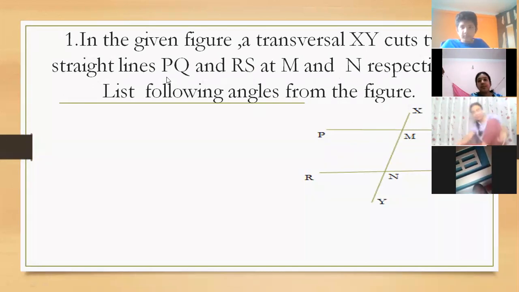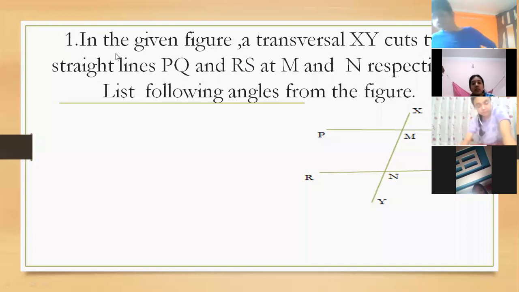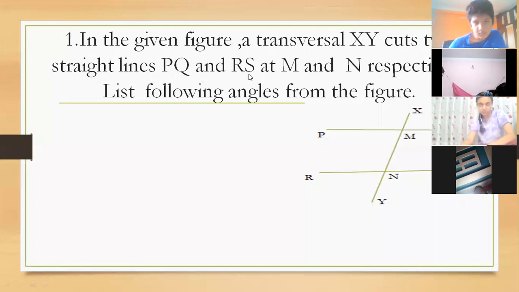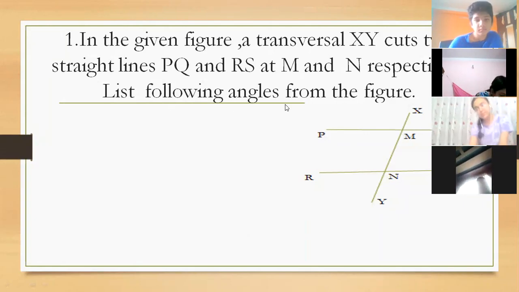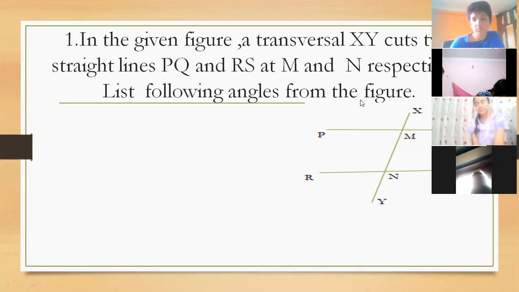Look here, the question is asking: in the given figure, a transversal XY cuts two straight lines PQ and RS at M and N. This transversal has cut this pair of lines at the points M and N. We have to list the following angles from the figure.